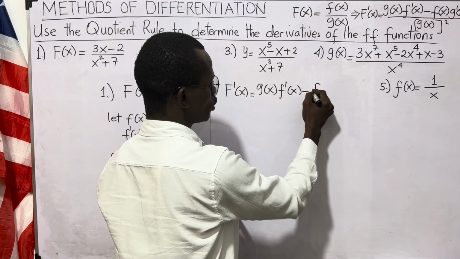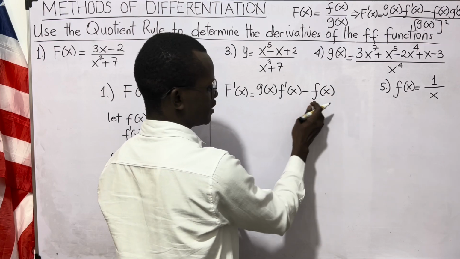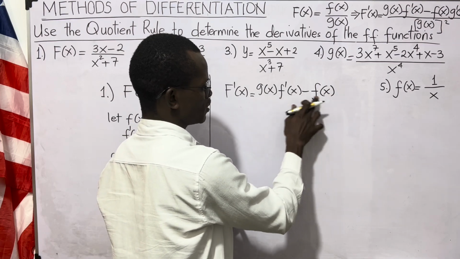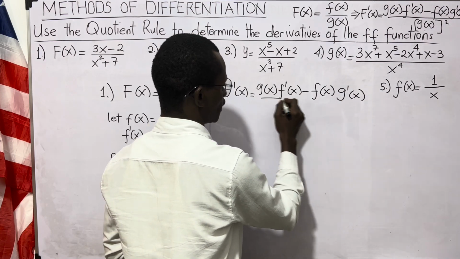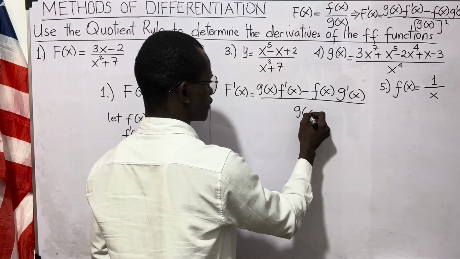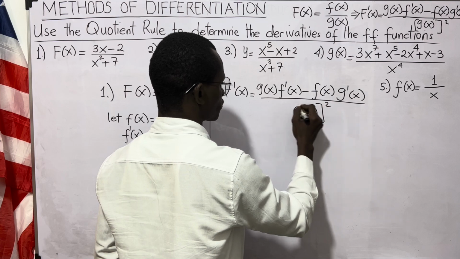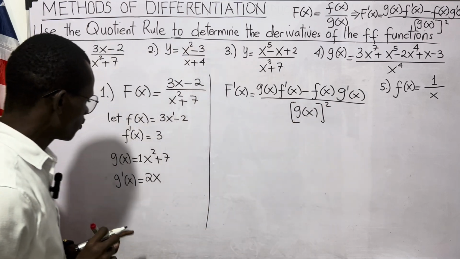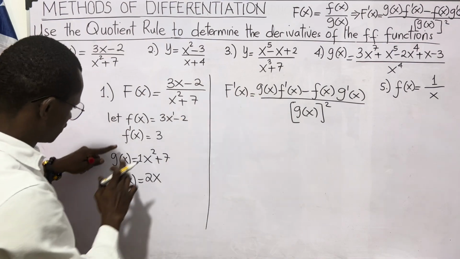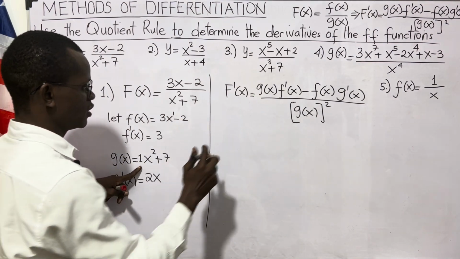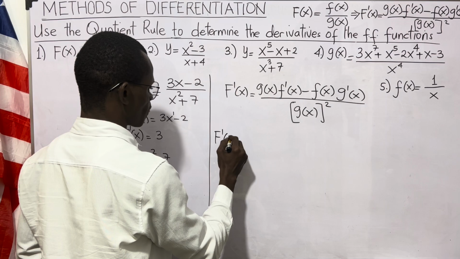So you must hold f. That is, you just rewrite the f function without differentiating it. And then you differentiate the g function, divided by g of x all squared. So without thinking, you can just look at the function g of x. This is your g of x function. You just put it in.